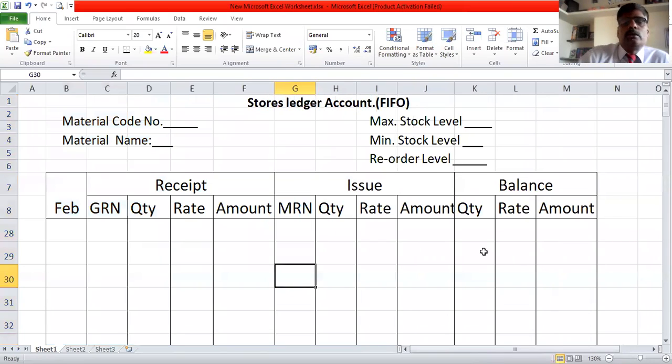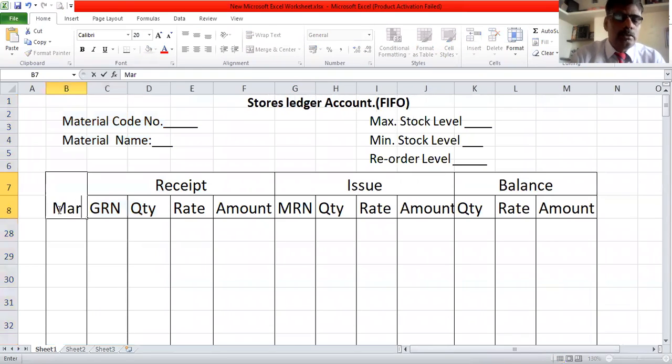Okay, this is my stores ledger. The detailed information is regarding March 1974.